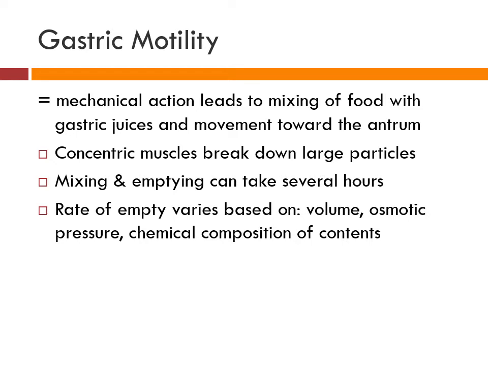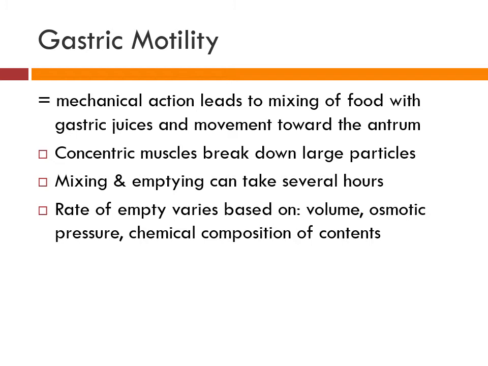Movement of food through the stomach: it's acted upon by mechanical digestion, which is the mixing of food and gastric juices that are being secreted, and it helps to move the bolus, break it down and start to move it toward the antrum.